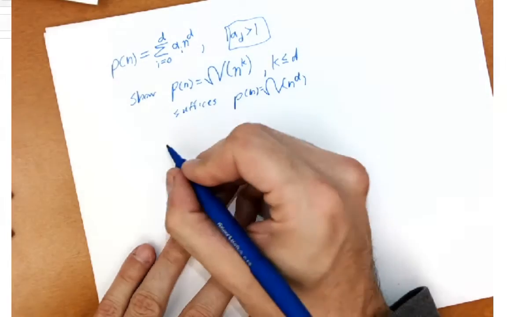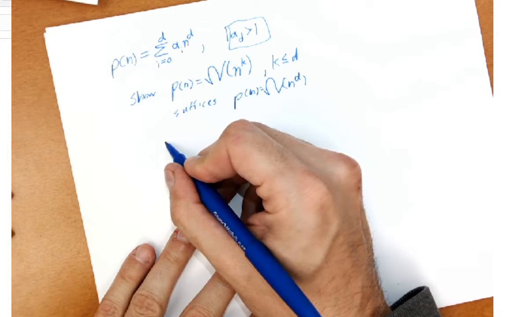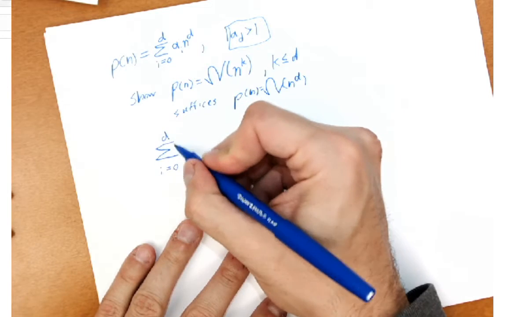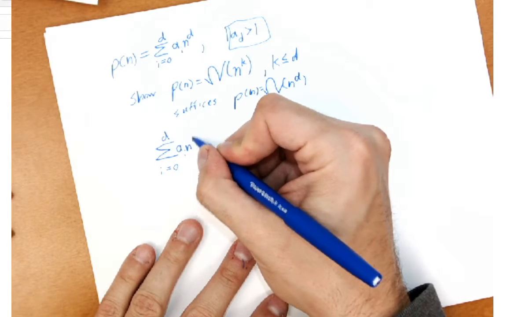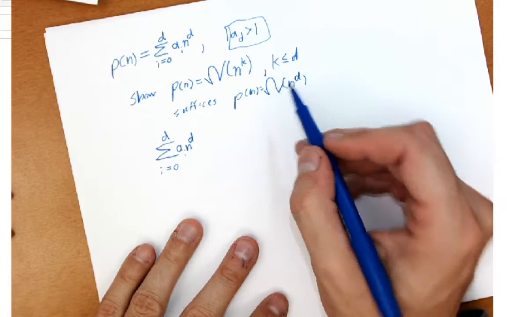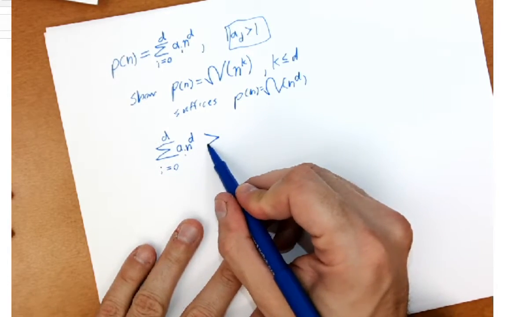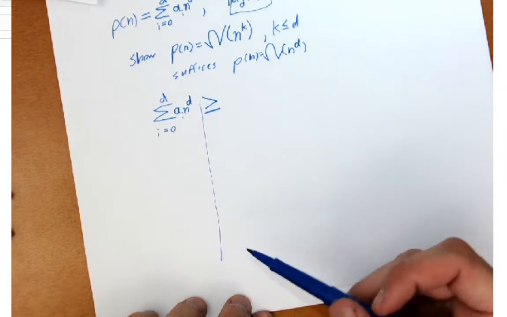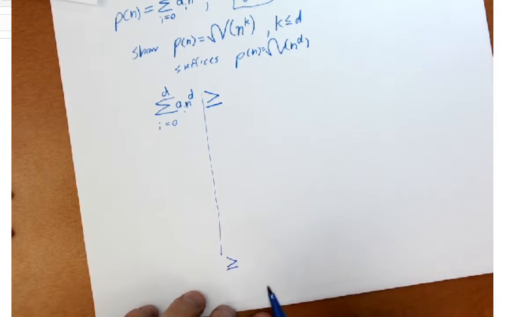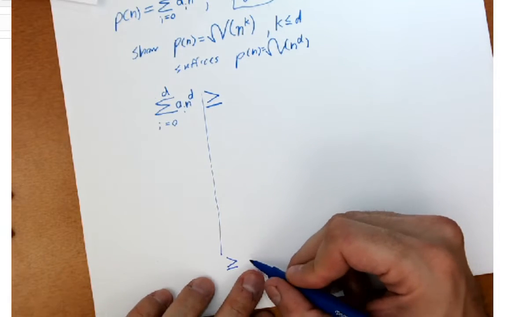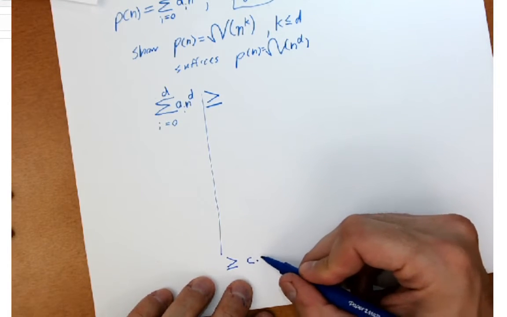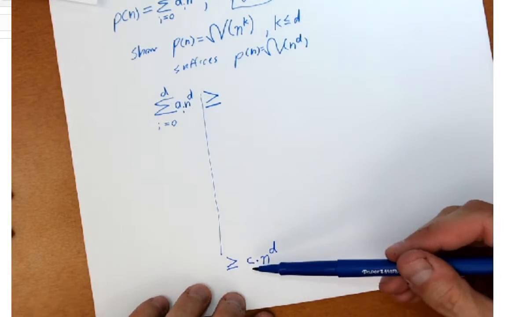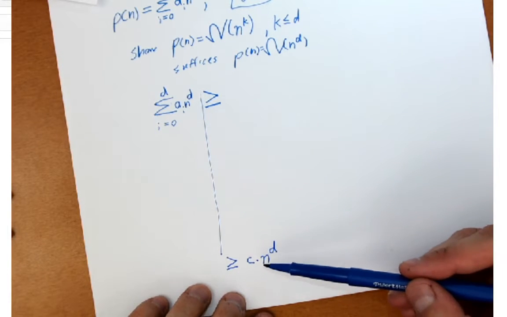We're trying to show that the sum from i equals 0 to d of a sub i n to the i is greater than or equal to some c times n to the d. The trick is how we get from here down to here.